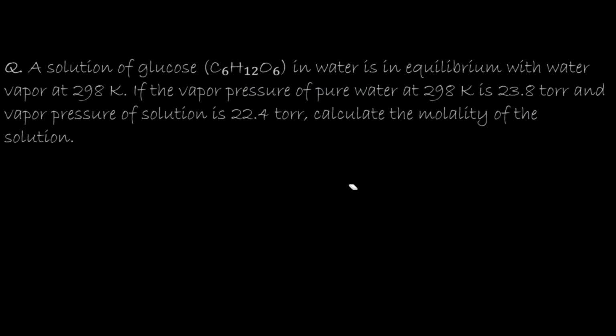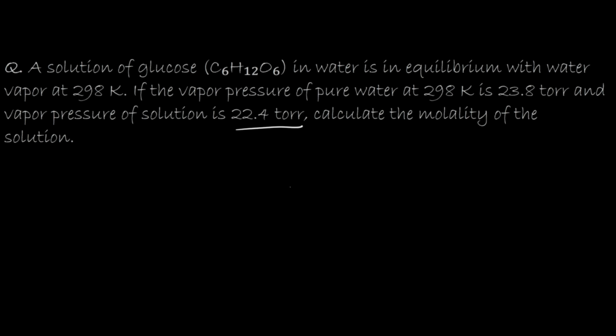This question asks about a solution of glucose in water that is in equilibrium with water at 298 Kelvin. If the vapor pressure of pure water at 298 Kelvin is 23.8 torr and the vapor pressure of the solution is 22.4 torr, calculate the molality. They are asking for the molality.